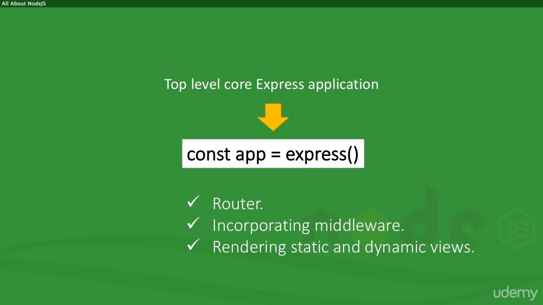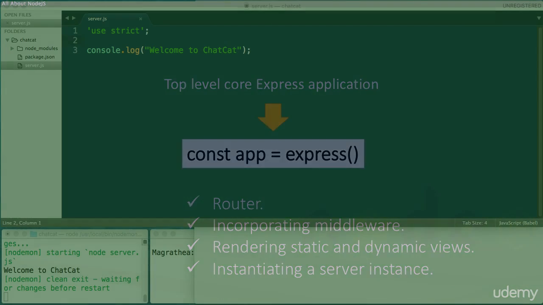Besides these base features, the application as instantiated by the Express method exposes base configurable settings for building full-blown applications with Express. And let's not forget that it also lets you instantiate a server instance, which is at the very core of any Node.js application, irrespective of whether you use a framework or not. So let's see how this base application is created.